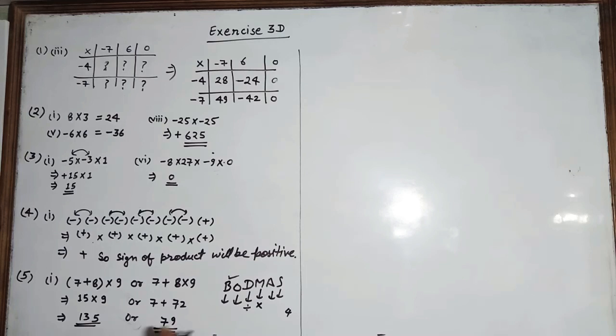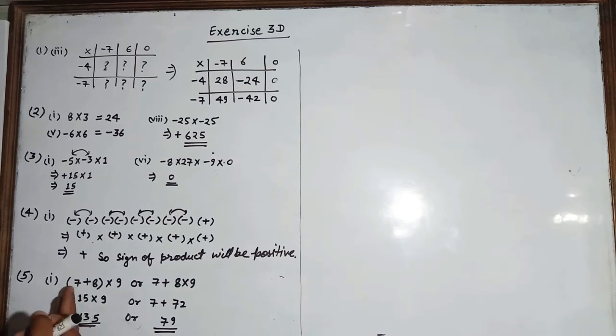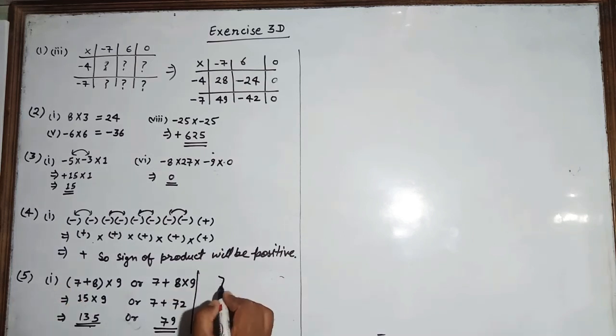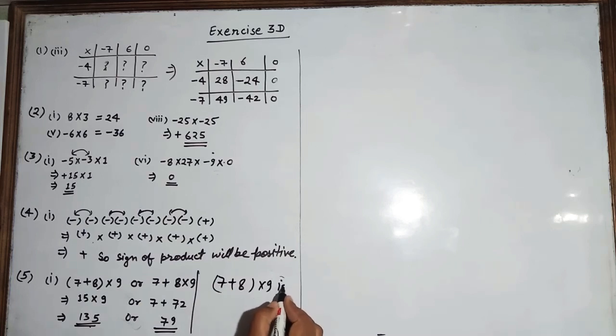So now you can observe that this one is 135 and this one is 79. Which number is greater? Obviously 7 plus 8 into 9 is greater, because the product is having greater value.